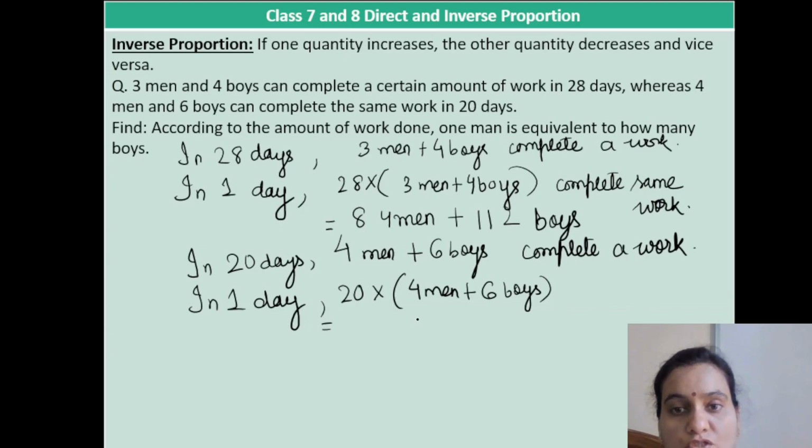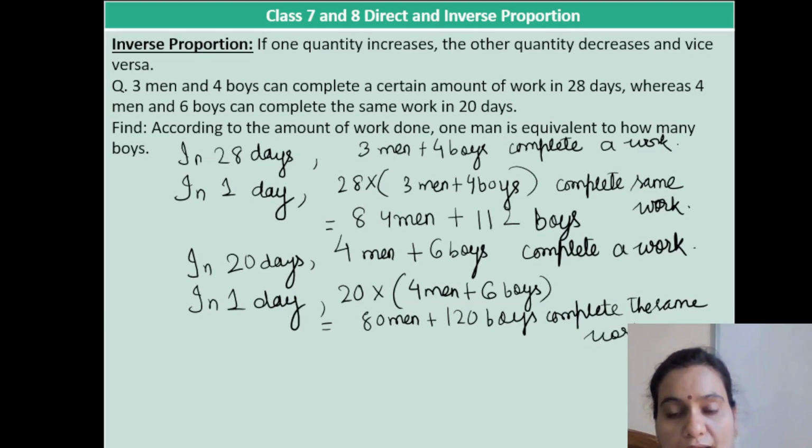It will be 80 men, plus 120 boys, to complete the same work.